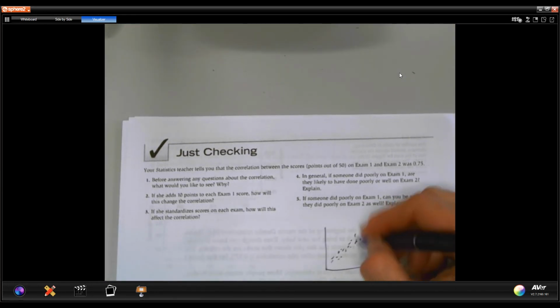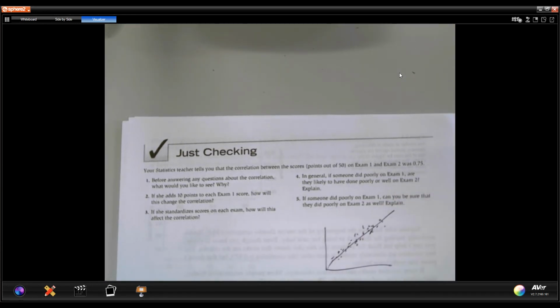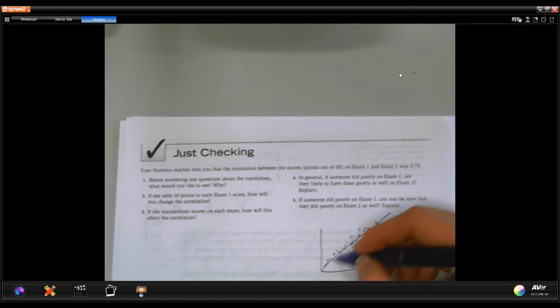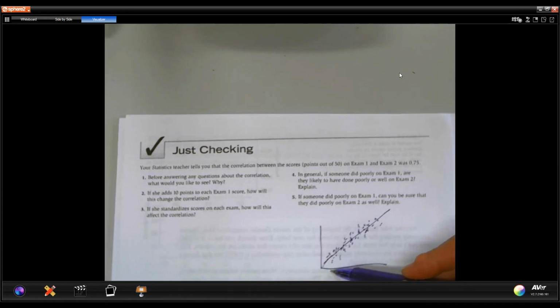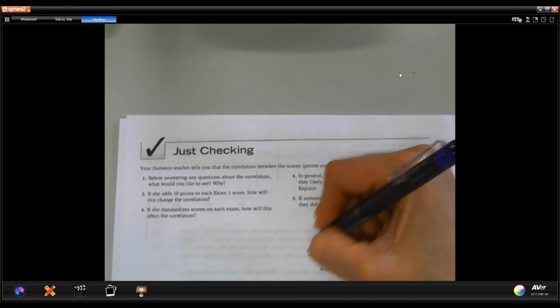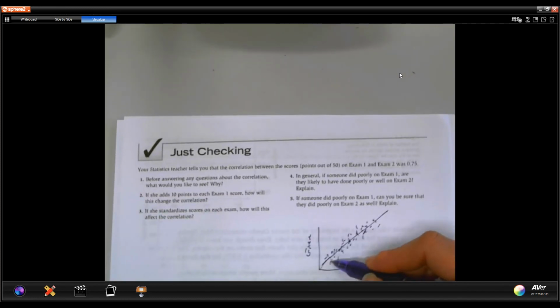It just tells us how close the points are to a straight line that doesn't actually exist yet. So if somebody has a low score on exam 1, and this is exam 2, we would expect them to also have a low score on exam 2, because we're going to see this positive trend.